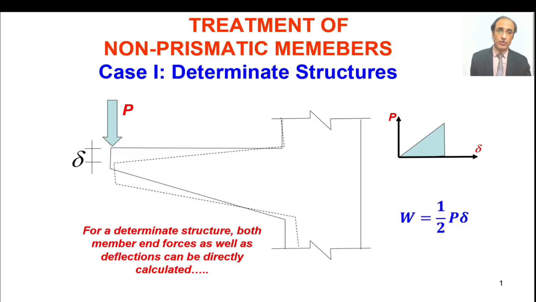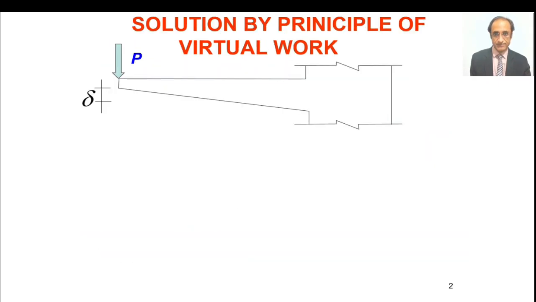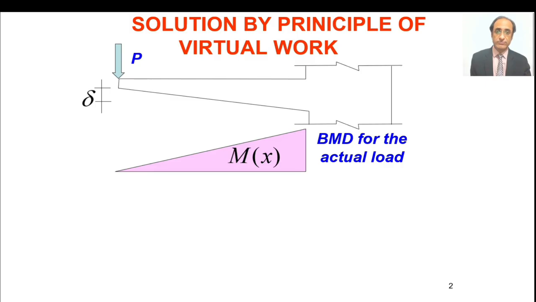Now when we talk of the virtual work, then our definition will be slightly different, as we'll see. If we want to use the principle of virtual work to find the deflection, and bending mode is the predominant mode of deflection, we have to obtain the bending moment diagram.